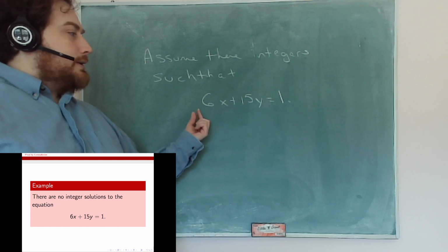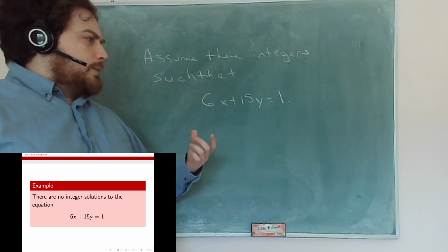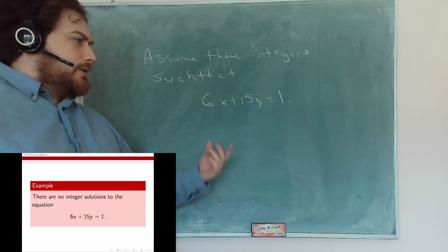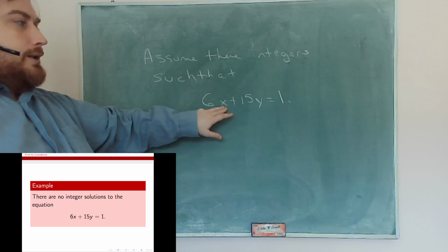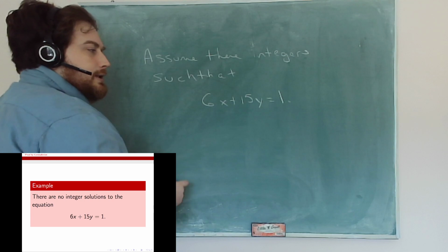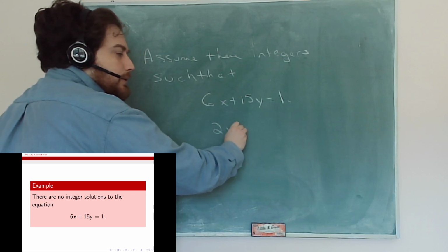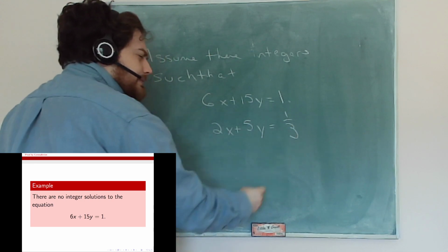The point here is that I can do this a couple different ways, and I'll show you a couple, but somehow this is going to lead to something that has to be false. If there are integer solutions, I get to assume x and y are integers. So if I divide both sides by 3, what I get is that 2x plus 5y is equal to 1/3.